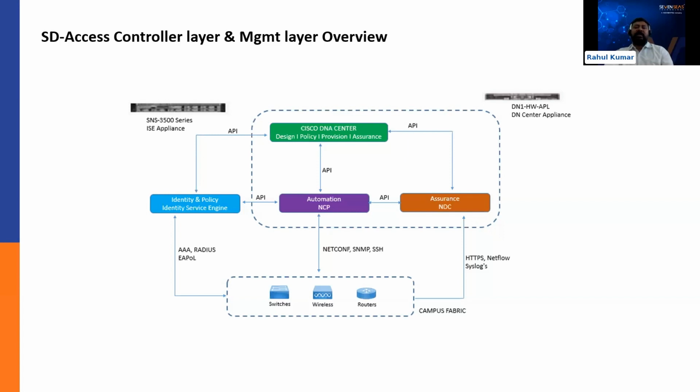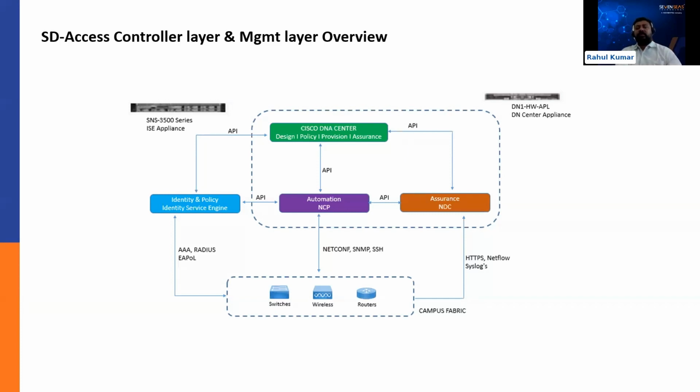Other than that, NCP also facilitates device discovery, device inventory, and plug and play. You get all these features in the form of a controller based solution, Cisco DNA Center. This will cover your whole product line in the enterprise network portfolio, and it can be managed through the single pane of glass of Cisco DNA Center.